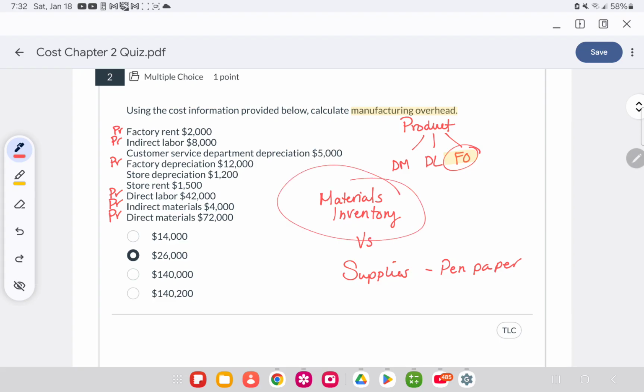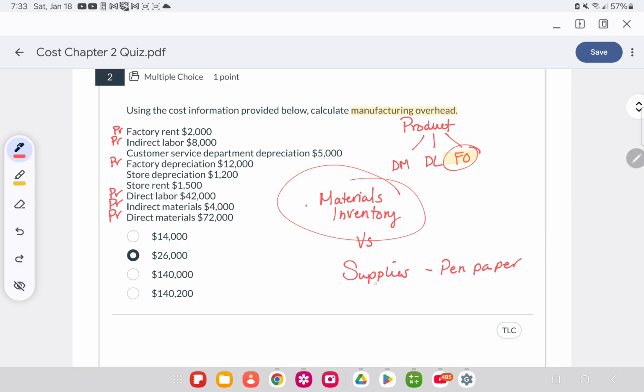If we're producing something that has to be glued together, that particular glue used in the manufacturing process is going to be in our materials inventory, most likely raw materials inventory. But if it's a glue stick we're using in the office for administrative work, that's different. That's supplies, right? Those are very different items.